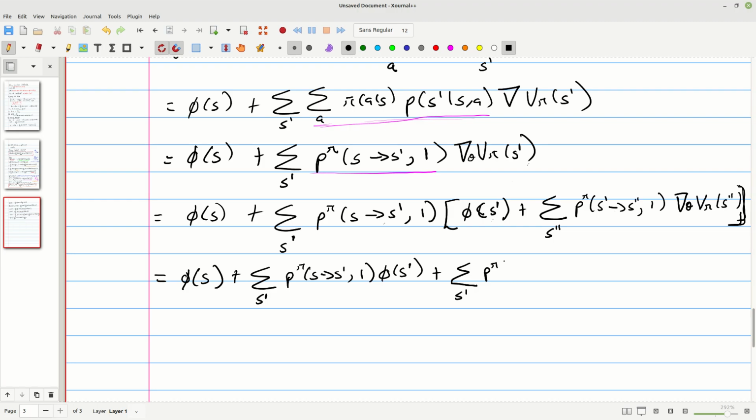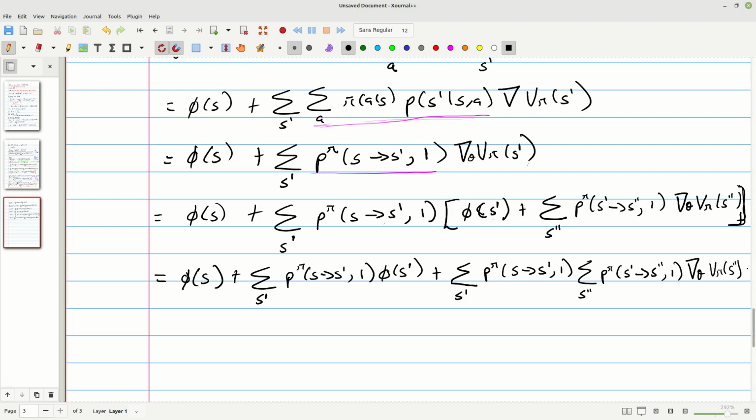So we have p pi, where were we? S to s prime, yes, this is s to s prime in one step, times the summation over s double prime of p pi s prime to s double prime in exactly one step, times the derivative under theta of v pi s double prime.